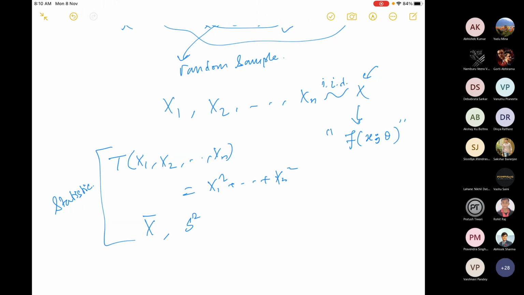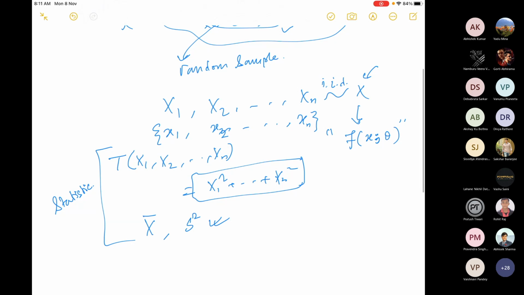in practice, what we get is not random variables, the random sample, but sample data: small x1, small x2, dot dot dot, small xn. So we get n data points. If I consider a statistic like x1 square plus dot dot dot plus xn square, then from the sample data I can consider small x1 square, small x2 square, plus dot dot dot, plus small xn square.